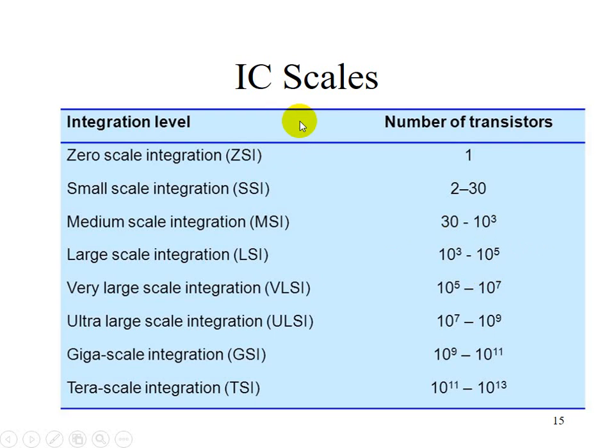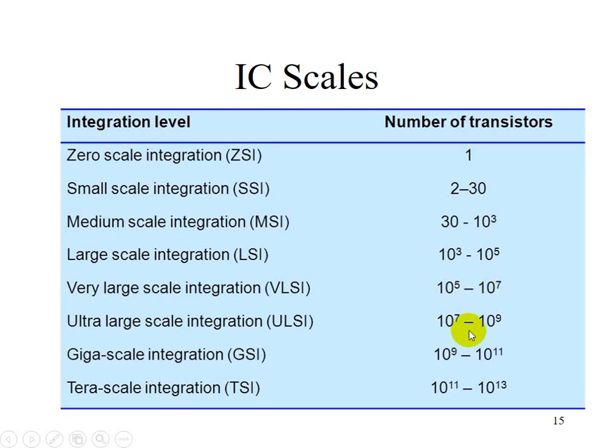Some terms you might see in a magazine or textbook are SSI, LSI, VLSI, ULSI. VLSI means very large scale integration. For an IC chip, it will contain 10 to the 5 to 10 to the 7 transistors.